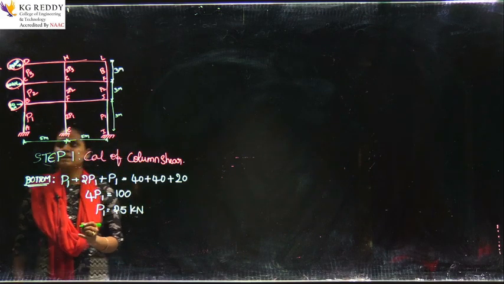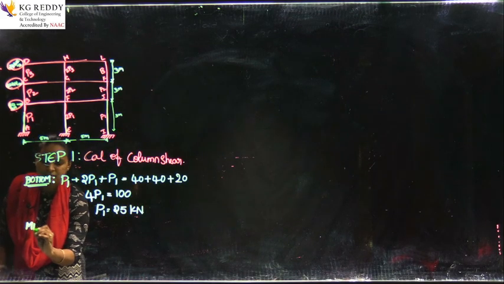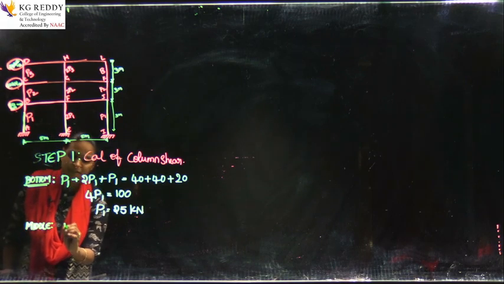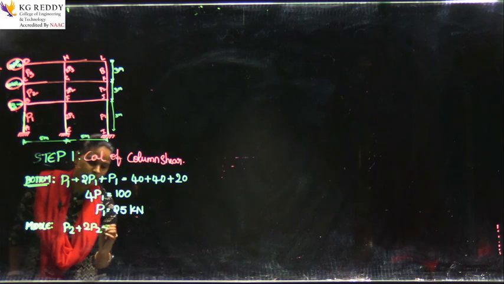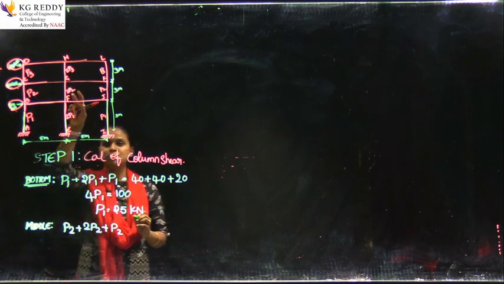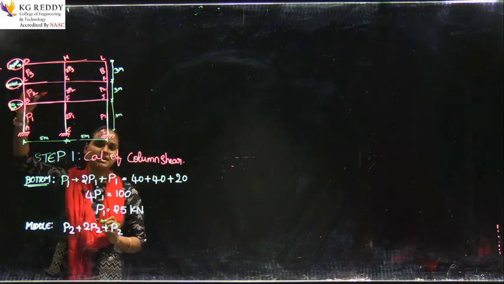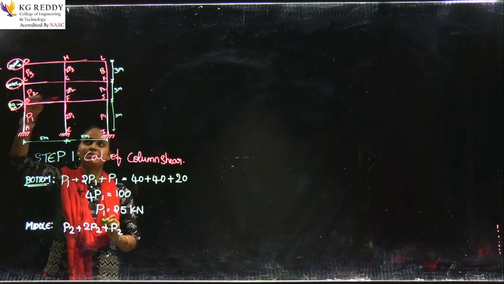In the same way for the middle story: P2 plus 2P2 plus P2. These three will equal the loads acting vertically, which are 40 kilonewton and 20 kilonewton. The load on the third beam does not come for this story.